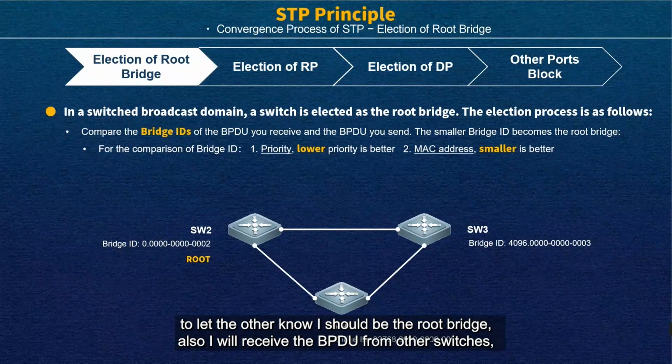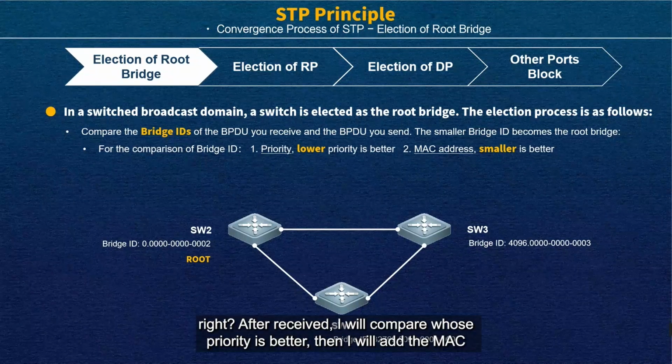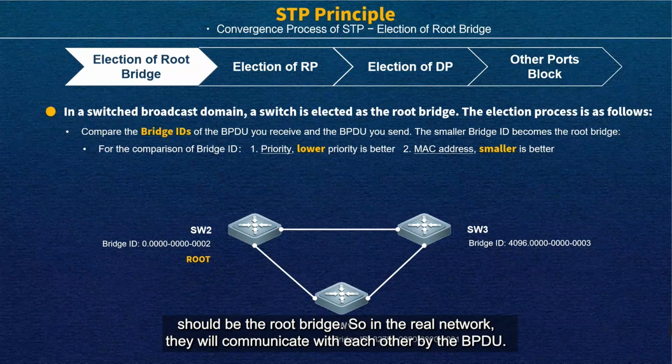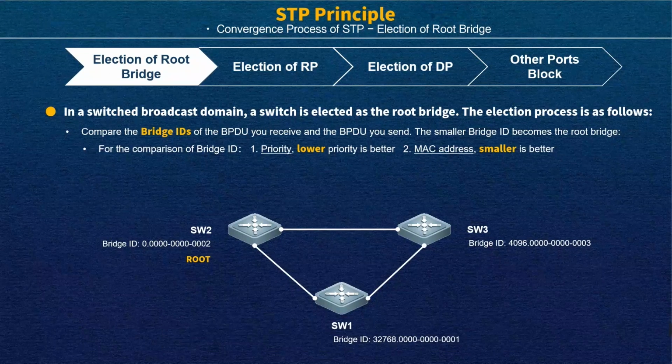Also, I will receive the BPDU from the other switches, right? When I receive them, I compare whose priority is better. Then I update the MAC address and priority in the root ID field to let all the devices know who should be the root bridge. So in the real network, they communicate with each other by BPDU.